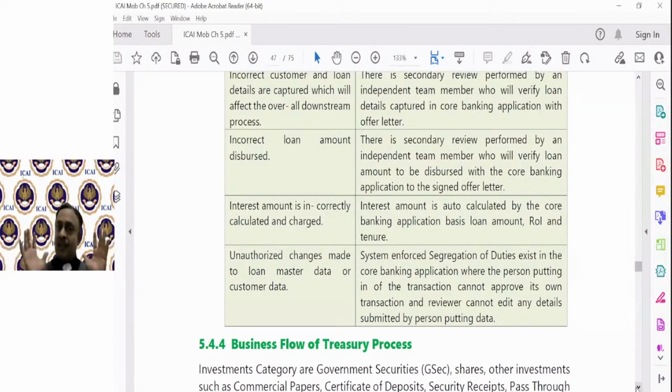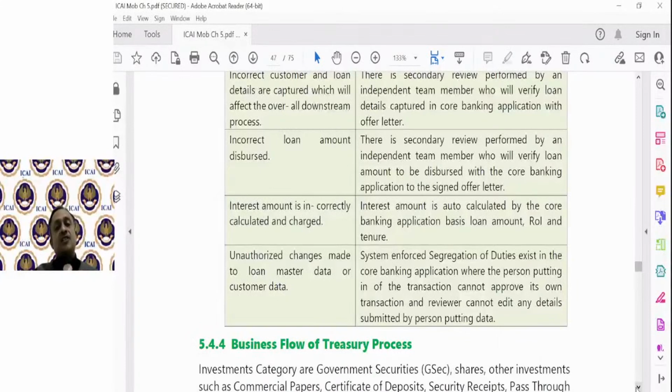Most of the time, the interest that is incorrectly calculated is due to non-update of rate of interest in the system. Then unauthorized changes made to loan master data or customer data. Again, because the risk starts with unauthorized changes, that means there is a gap in controls, and more controls have to be put in place.